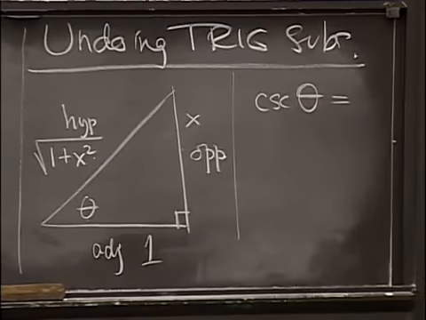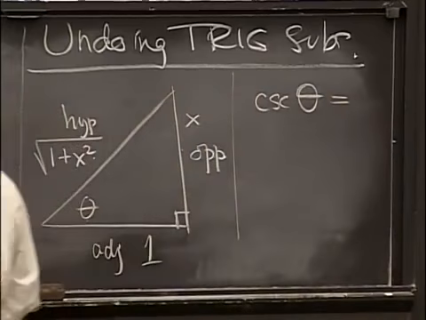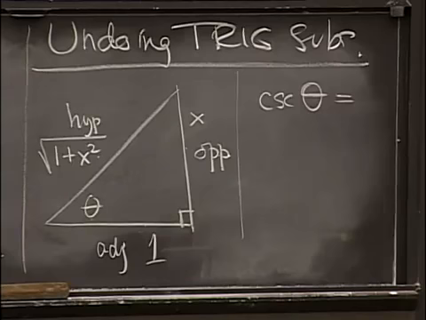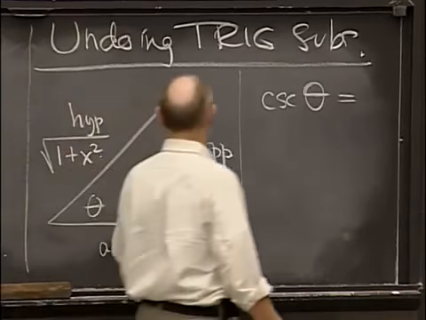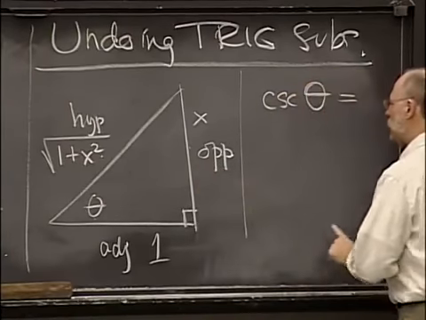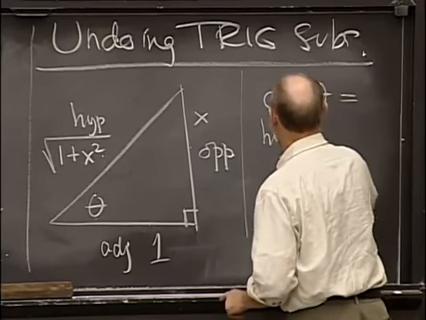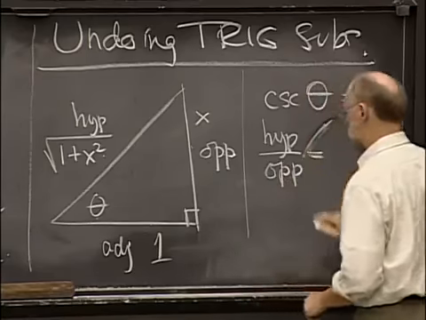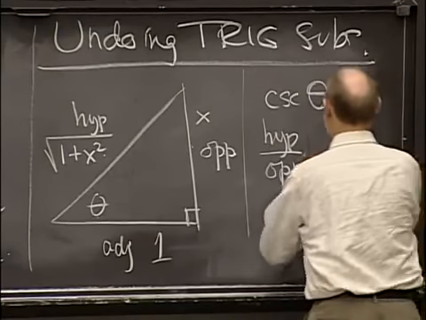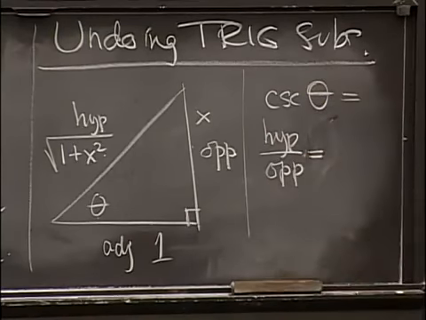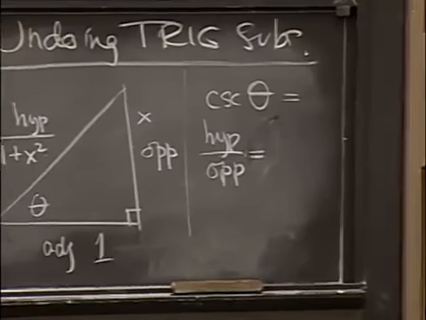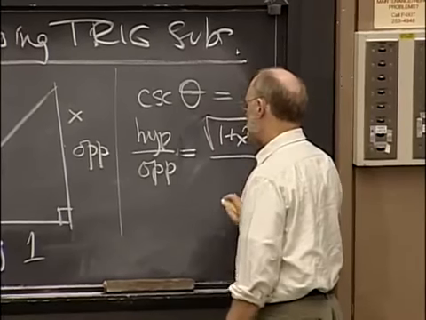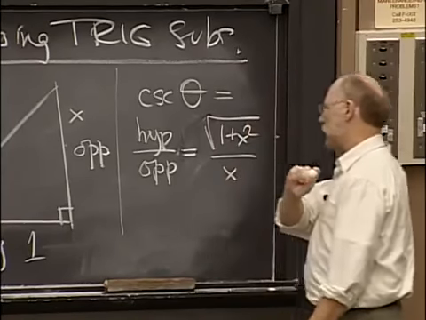Well, let's see. The cosecant of theta is 1 over the sine, and the sine is opposite over hypotenuse, right? So the cosecant is hypotenuse over opposite. And the hypotenuse is the square root of 1 plus x squared, and the opposite is x.